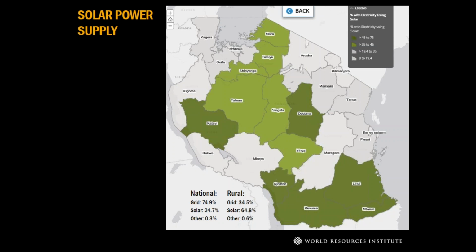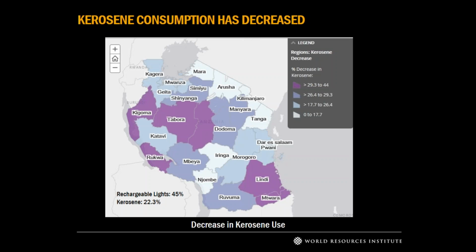Now, as mini-grid developers, this has implications for you. One of the implications is in the next slide, where households were asked: do you get your electricity from kerosene or solar or grid?